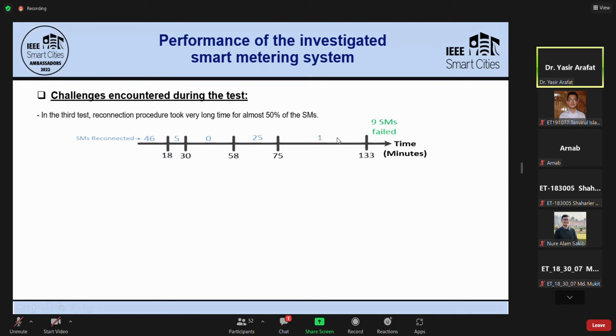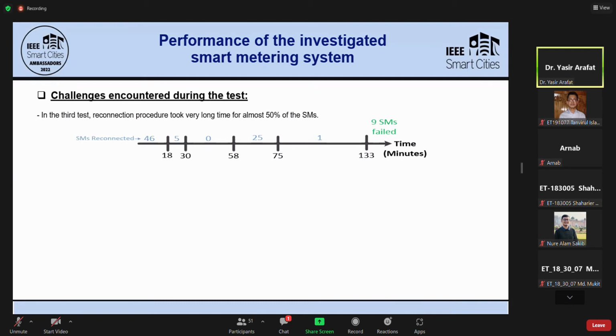Here we have seen that 9 smart meters failed to reconnect because of a communication problem. So then we had to use a device called an optical eye. If a meter does not respond to the remote signal, there is an opportunity to reconnect the meter by using an optical eye.